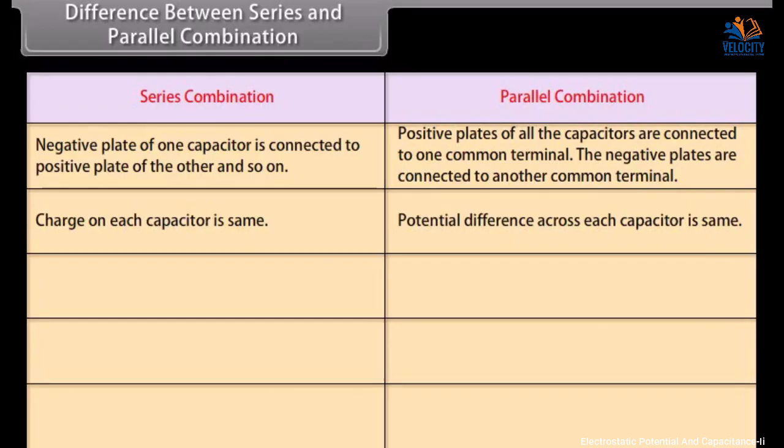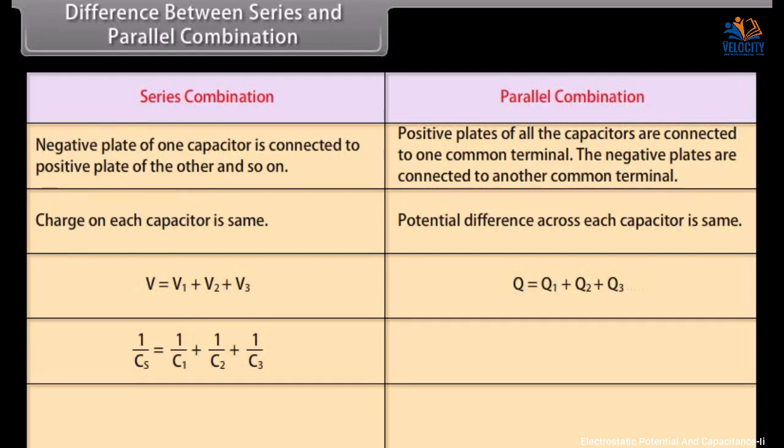In series combination, V is equal to V1 plus V2 plus V3, whereas in parallel combination, Q is equal to Q1 plus Q2 plus Q3. In series combination, reciprocal of Cs is equal to 1 upon C1 plus 1 upon C2 plus 1 upon C3.